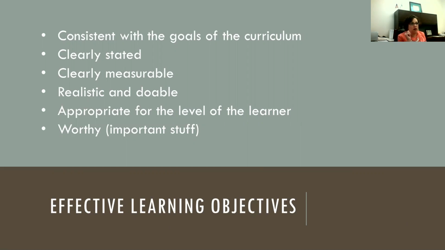Is it the appropriate level for a learner? Again, we need to look at what is developmentally appropriate. Is it realistic that we're going to have a 5 to 8 year old be able to show us 3 ways to give a shot? Probably not. Is it realistic that we're even going to have a 9 and 10 year old be able to show us 3 ways to give a shot?